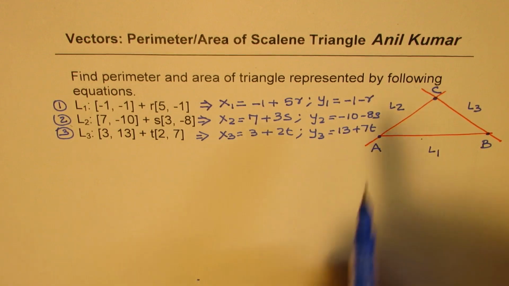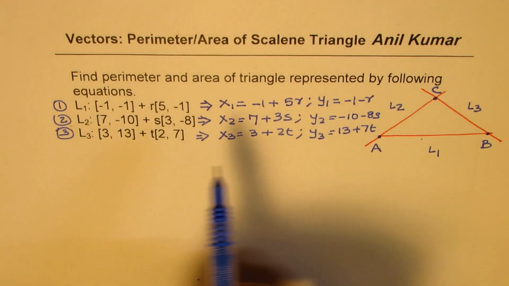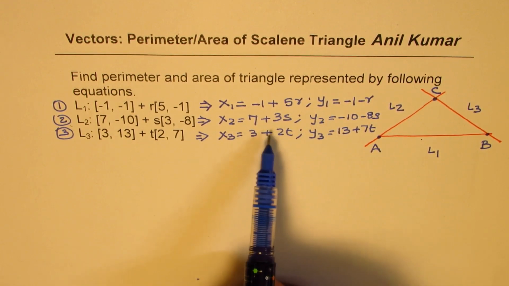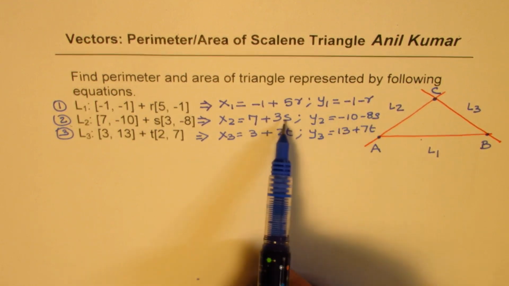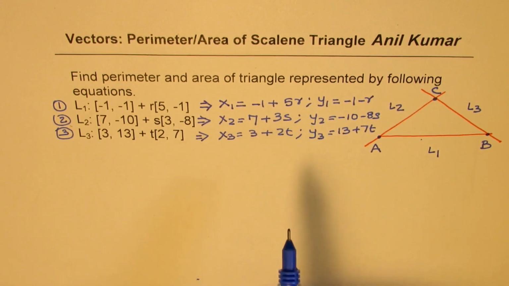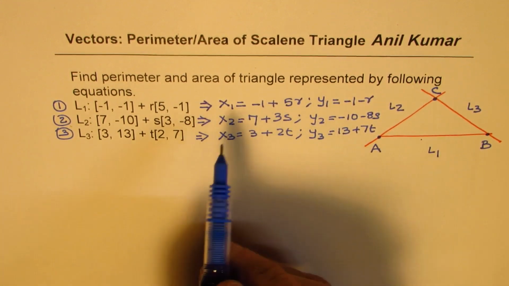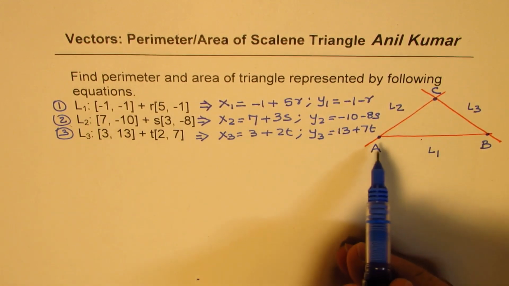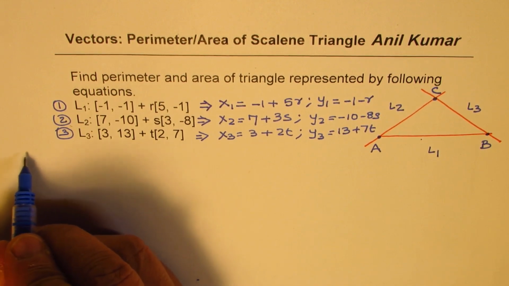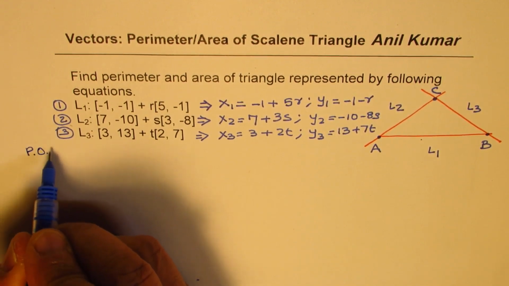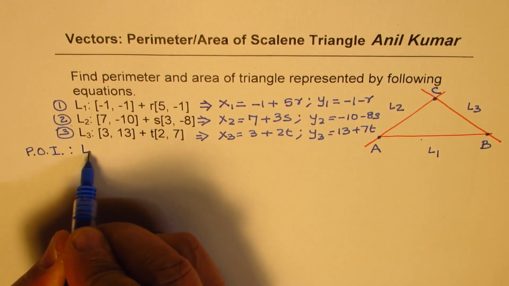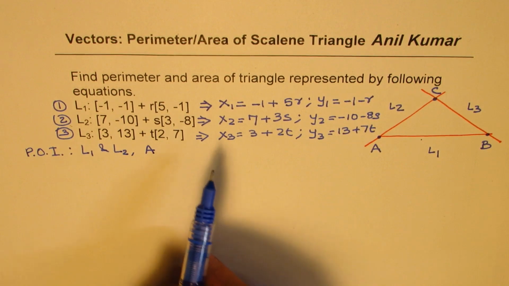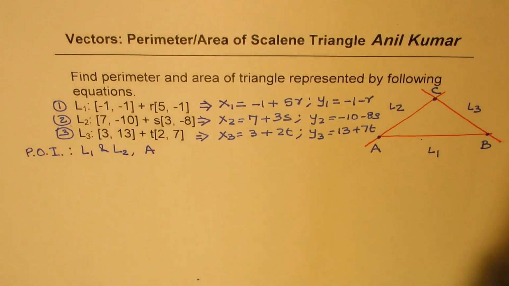To find the point of intersection A between line 1 and 2, we'll equate these two x values and y values, find the parameters, and then get the point, right? So let's equate x1 and x2 to find the point of intersection A of the lines L1 and L2.